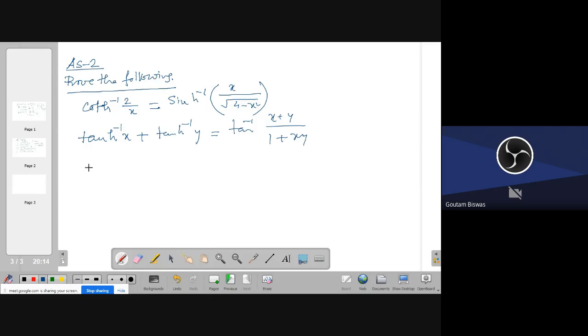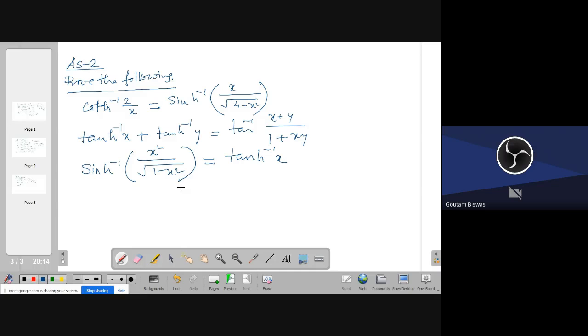Next, sin h inverse of x by root over 1 minus x square is equal to tan h inverse x.